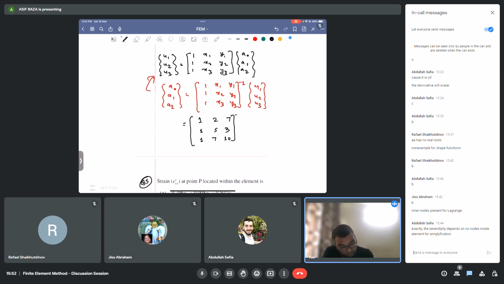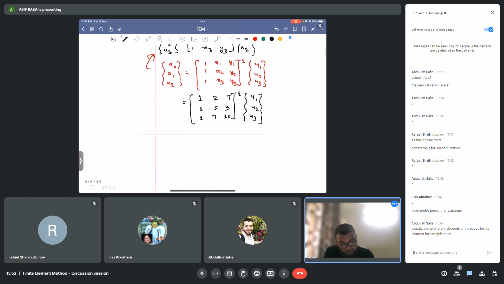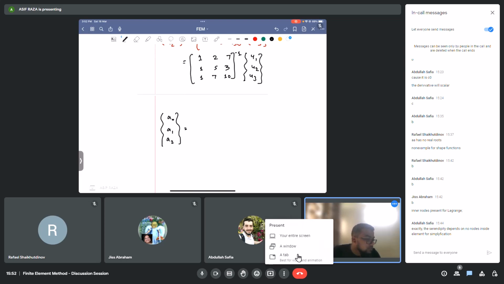You need to find the inverse, and u1 u2 u3. So a0 a1 a2, I need to find the inverse of this. I have opened MATLAB, I'll just show you guys.